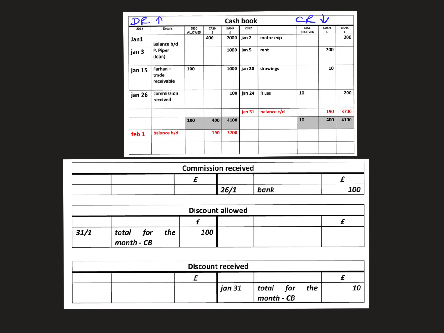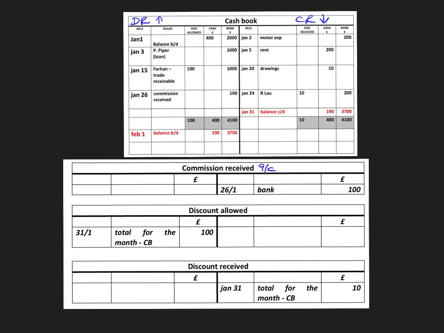So on January 26th, that was on the debit side of the cash book for 100, and it was a bank transaction. You can see it here. Other half on the opposite side of the commission received account. So I'll just put in account, and you'll see on the credit side the amount as shown. Okay.